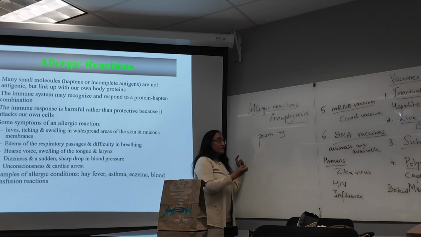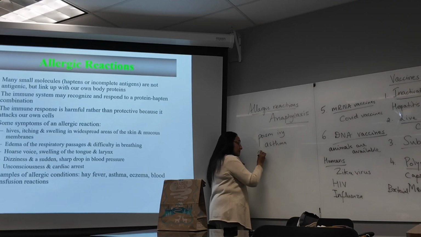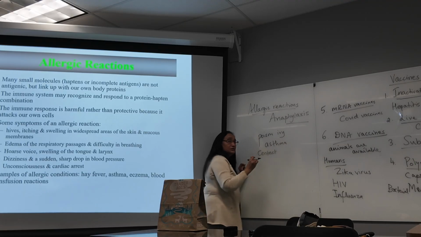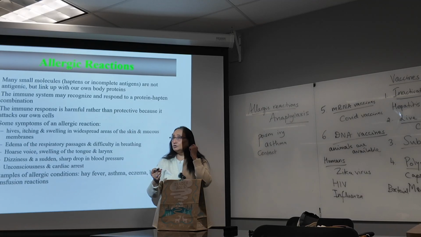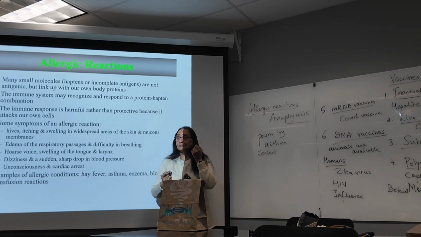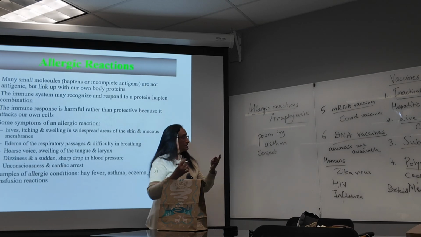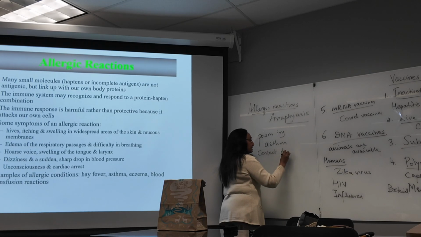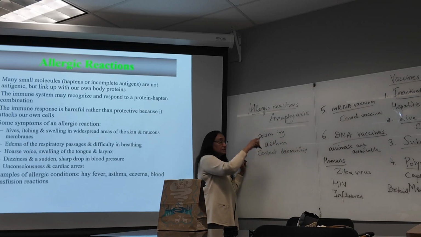So poison ivy, asthma, contact dermatitis. Many people are allergic to certain types of material. Some people are allergic to metals, like they can only wear gold or silver, they can't wear other metals. So contact dermatitis is an example of an anaphylactic reaction.